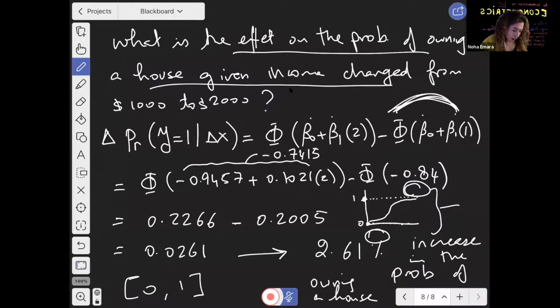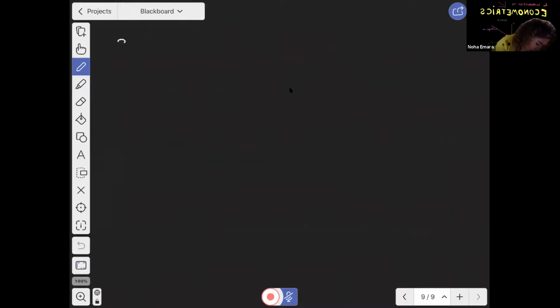So the next one is the Logit model. The Logit model has the same advantages of the probit. The Logit model again overcomes the problem of the linear probability model, where you compute a nonlinear function that never goes beyond 1 and never falls below 0.